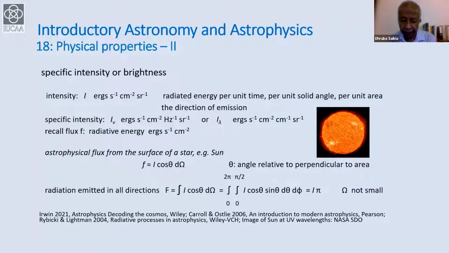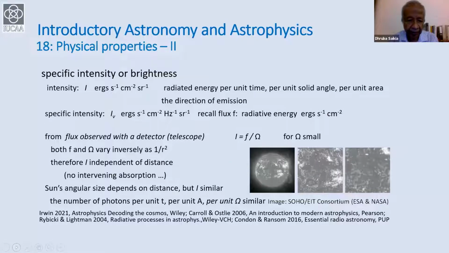Put in the integration limits, 0 to 2 pi, and you will get the answer pi. So the flux, radiation emitted in all directions, emanating from the surface of a star is related to its intensity by F is equal to I pi. That's a useful and important relation to remember as well.